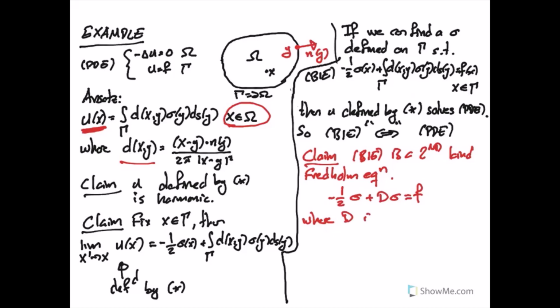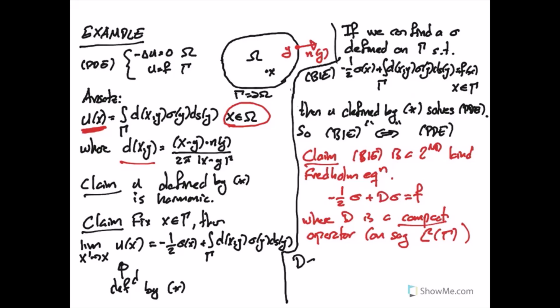Where D is a compact operator on, say, L2 of gamma. Okay, so here I maybe jumped a little bit ahead.